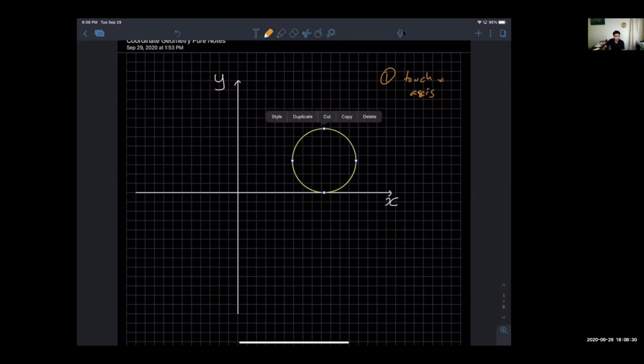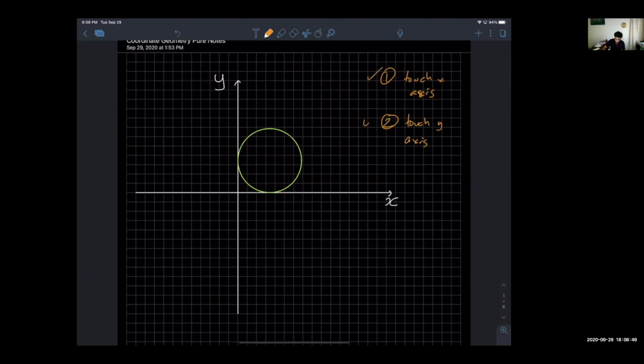All right. Now let's say I say it has to touch the y-axis, right? So then it's touching the x-axis and it's touching the y-axis. I want you to put down in chat, do you think it's possible for this circle to still change? Can I still change the circle and still satisfy these two constraints?